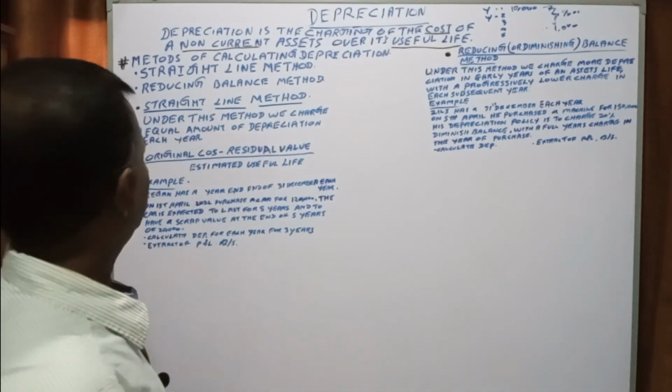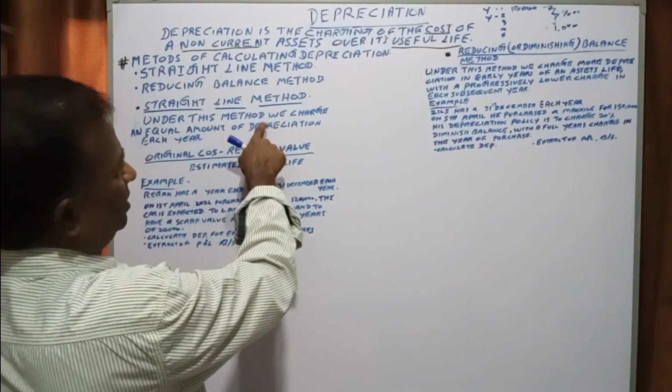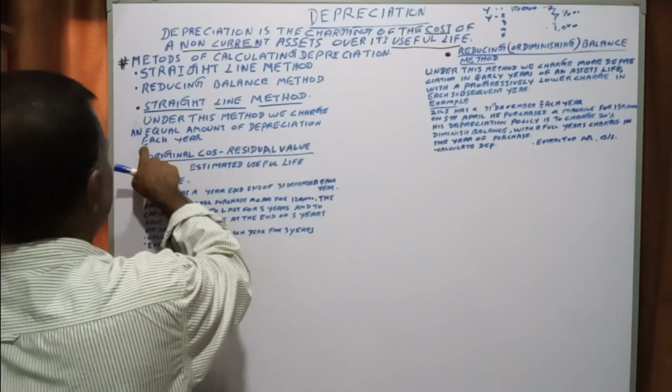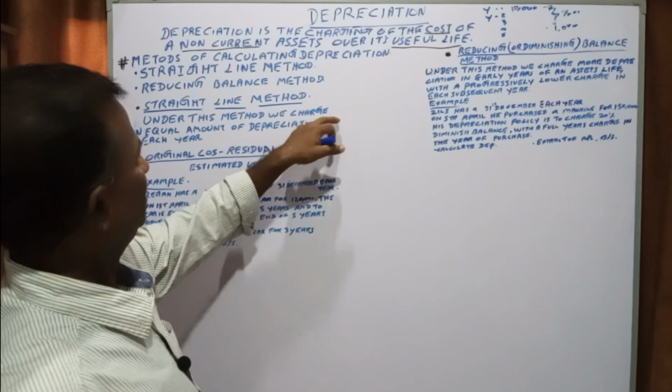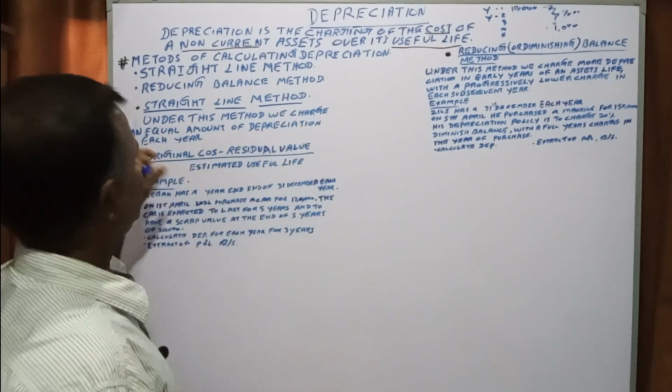The straight line method is, under this method we charge an equal amount of depreciation each year. In the example I showed, under this method we charge an equal amount of depreciation each year.